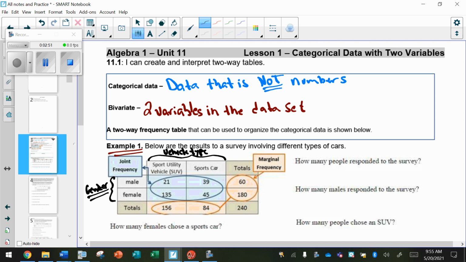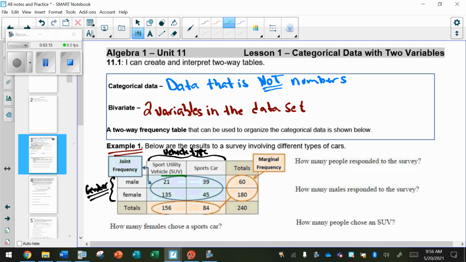So our categories would be gender identification and vehicle type. The bivariate data is because we have two questions that were asked in our survey, so there's two different categories of answers. The two-way frequency table gives us a breakdown of the answers to our survey.